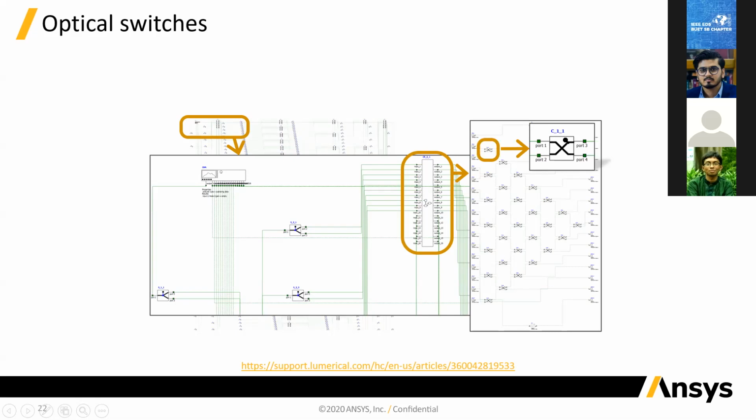That's the basic building block. It's a 2x2 switch, which has some control signal, so light either goes straight through or it crosses from one input to a different output. Then you can combine multiple of these switches together to create a 4x4 or 8x8 or 16x16 switch, or even bigger networks.